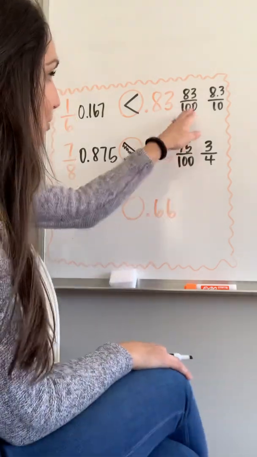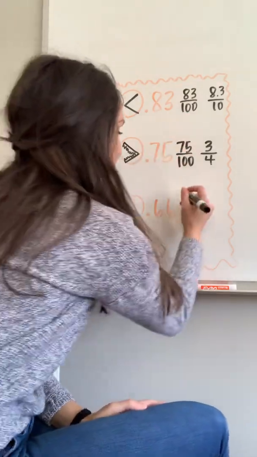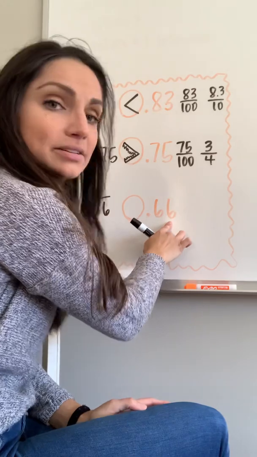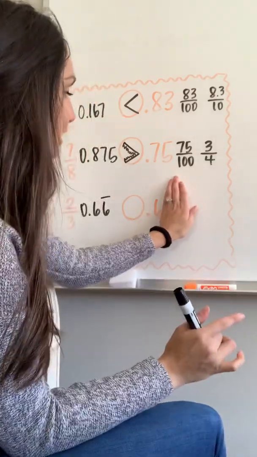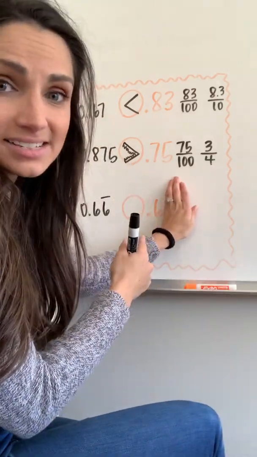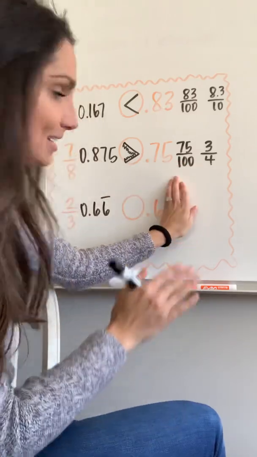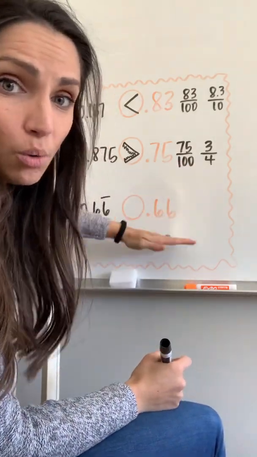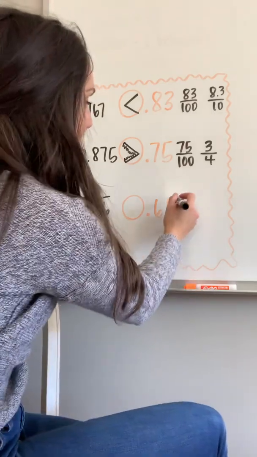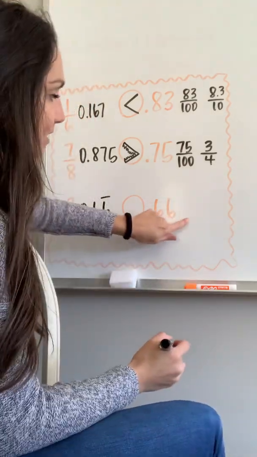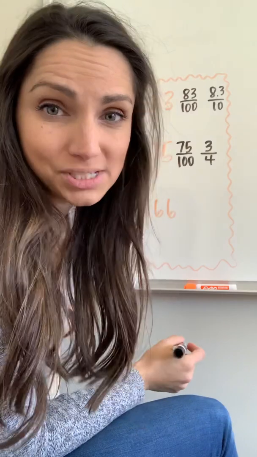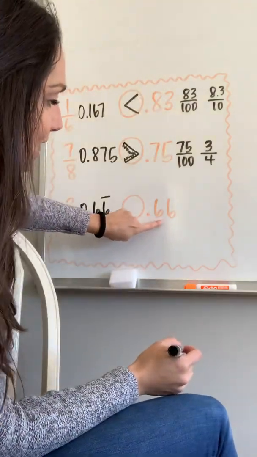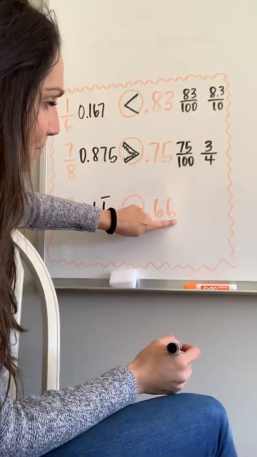Now we can also put this in fraction form. Remember, you just have to put it over the place value that it's in. So let's say it's 0.6. That is 6/10. 0.66, now we're in the hundredths. So we have 66 over 100. If there was a 7 here, it would be 667 out of 1,000. Since I'm not in the tenths place, it's not over 10, I'm in the hundredths place.